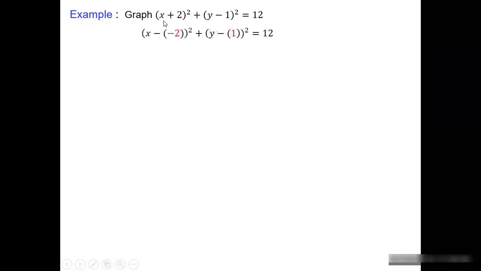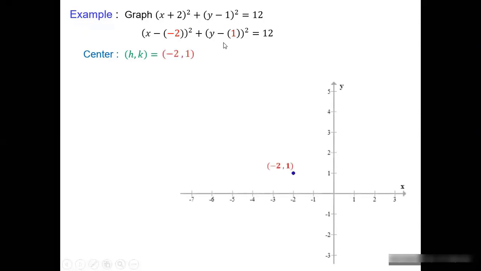So why don't we think of x plus 2 as being x minus negative 2? And of course, y minus 1 is the same as just y minus 1. So therefore, our center, which we refer to as h, k, is simply the quantity that's being subtracted from x and y, and therefore negative 2, 1. So we can plot that on our graph, and this is the center of our circle.